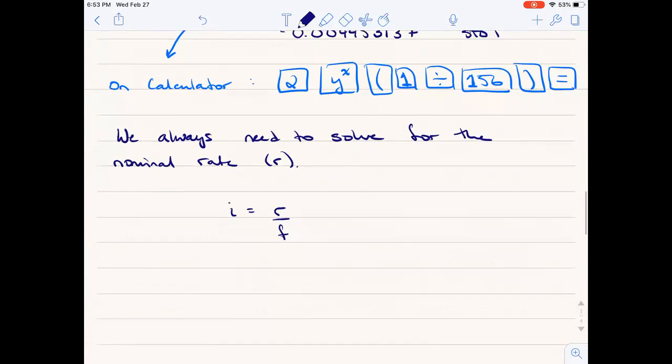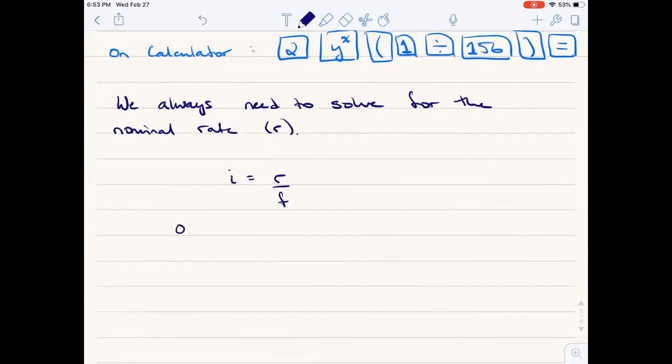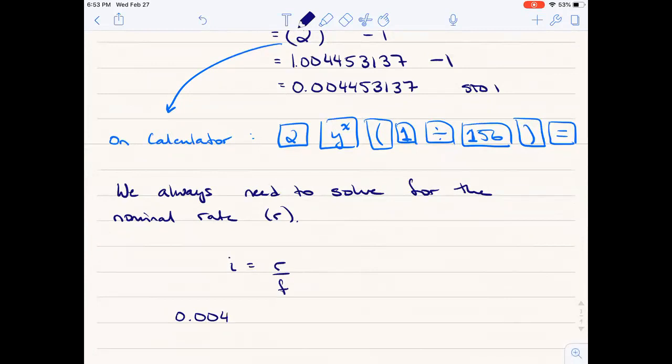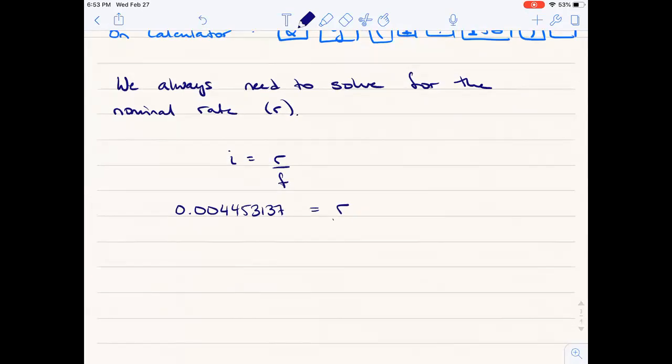And so we know I was 0.004453137, which is R over F, which is 12.